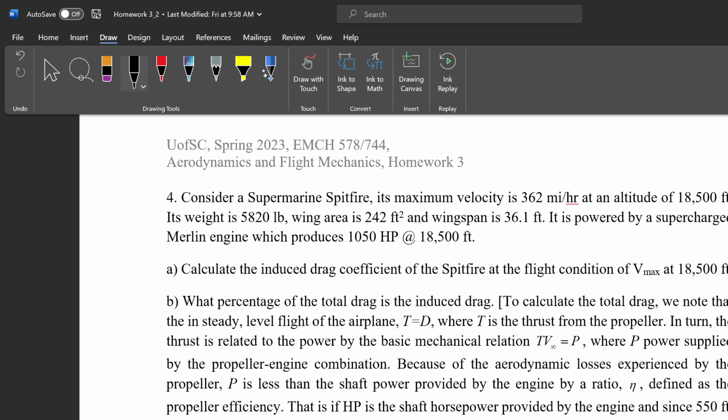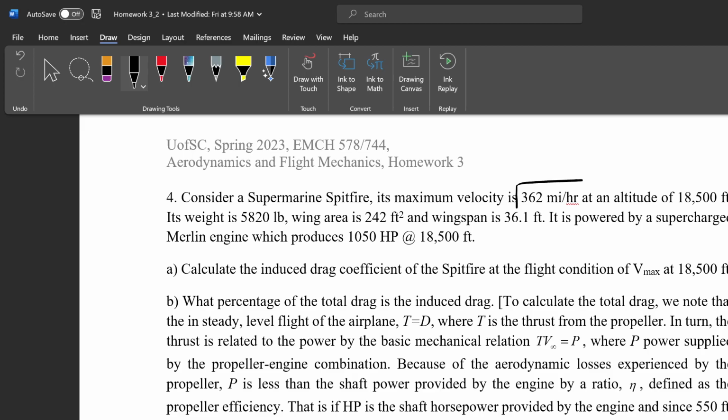Wing area is 242 square feet. Wingspan is 36.1 feet. It is powered by a supercharged Merlin engine, which produces 1,050 horsepower at 18,000 feet. You want to calculate the induced drag coefficient of the Spitfire at the flight condition of maximum velocity.